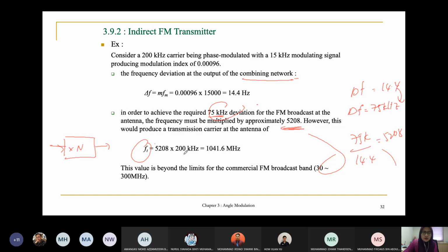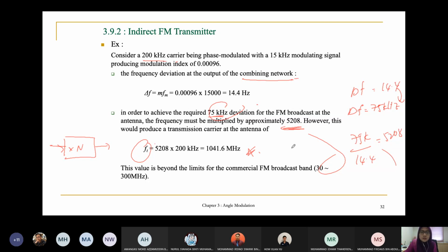Previously your Fc is 200 kilohertz, so at the antenna you must multiply it by 5208. Your frequency Fc or Ft at the antenna will become 1041.6 megahertz.